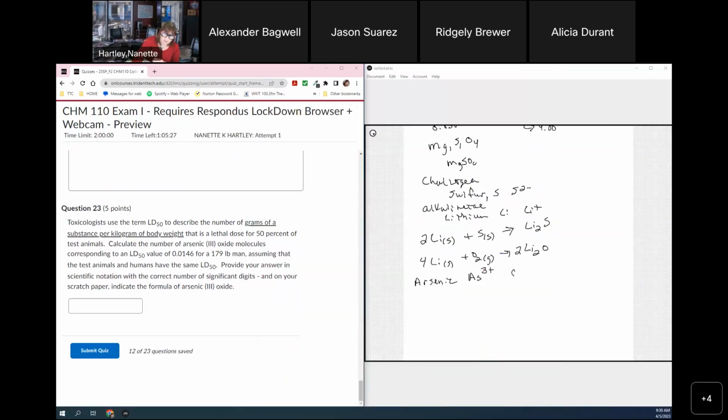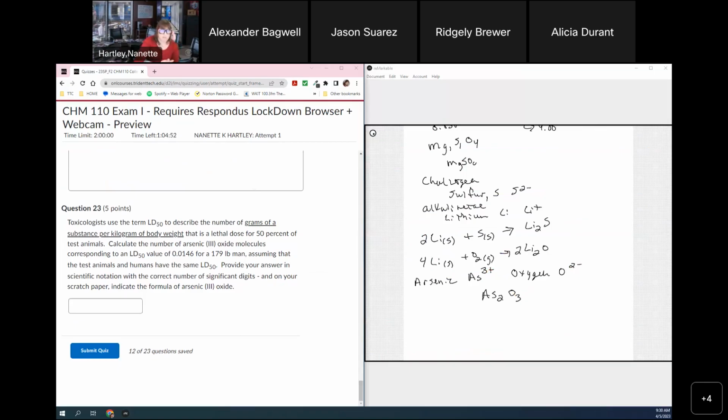Those are the 2 components that I need to put together to make arsenic-3 oxide. I have As, and the subscript is the charge on the oxygen, so that's a 2. I have O, and the subscript is the charge on the arsenic, which is 3. As2O3 is the formula for arsenic-3 oxide.